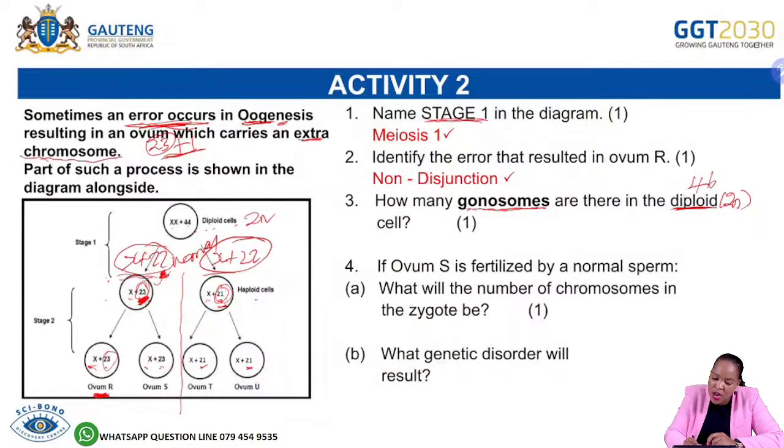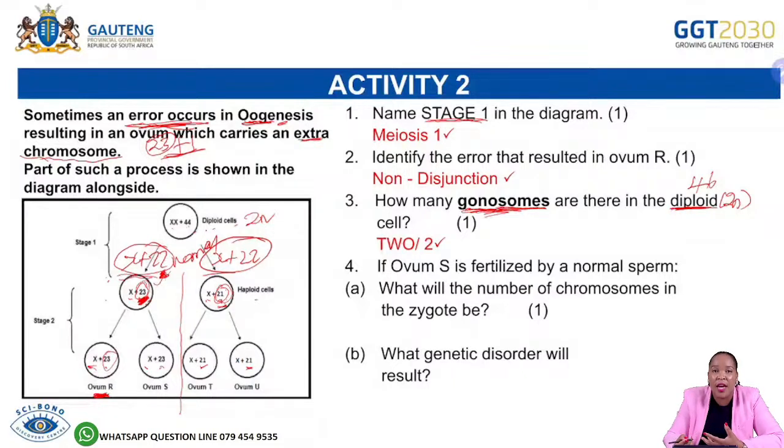Now, how many gonosomes can you find in such a cell? So you see, terminology plays a very huge role in understanding this topic as well. So you will find 2. Remember, on your gonosomes, you will have your X and Y chromosomes.